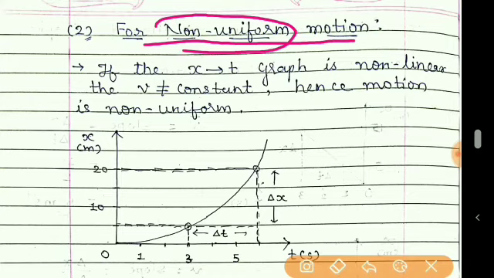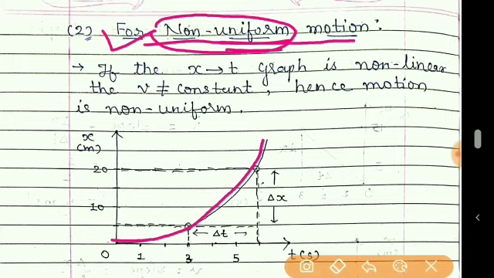Now we know that students, if the motion is uniform, then the graph will be a straight line, and if the graph is not a straight line, then that will be non-uniform motion. So here also you can see that the graph is a curved graph, it is not a straight line. So this is an example of non-uniform motion.